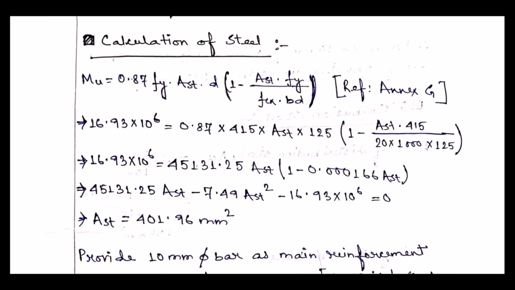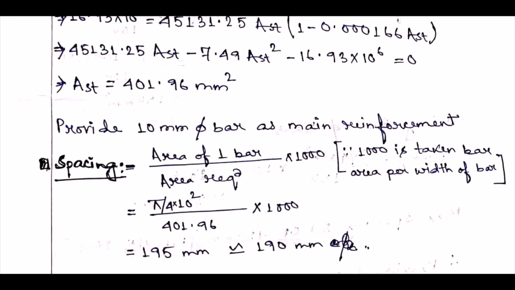So from this equation we can get this value of AST, that is 401.96 mm square. Now provide 10 mm diameter bar as main reinforcement. Spacing. So spacing is equals to area of one bar by area required into 1000, as 1000 is taken as area per width of bar.